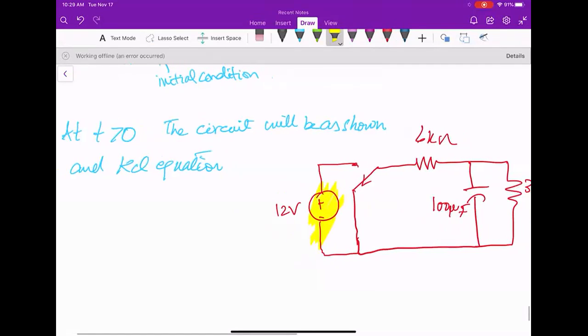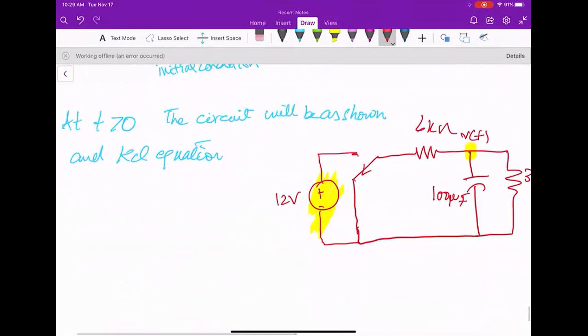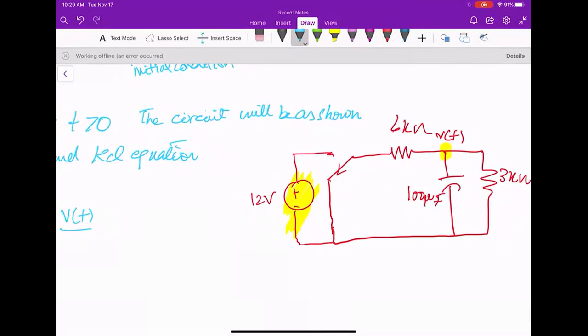So if we write the nodal equation at this point, considering this as v of t, I will write it something like this. V of t, let's say this is R1 and this is R2.